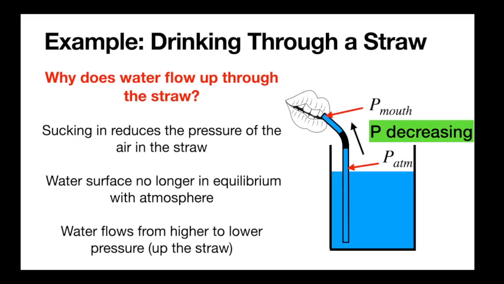But if we reduce the pressure that's pushing down, the pressure from the water is going to win, right? The pressure of the water is still at atmospheric pressure because it still has the atmosphere pushing down on this water level. So if we reduce what's pushing down on it, the water level goes up. The water flows through the straw because we decrease the pressure inside of it. So the water flows from high pressure to low pressure in our mouth.